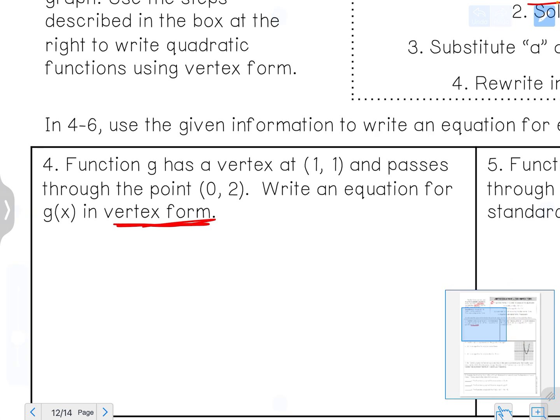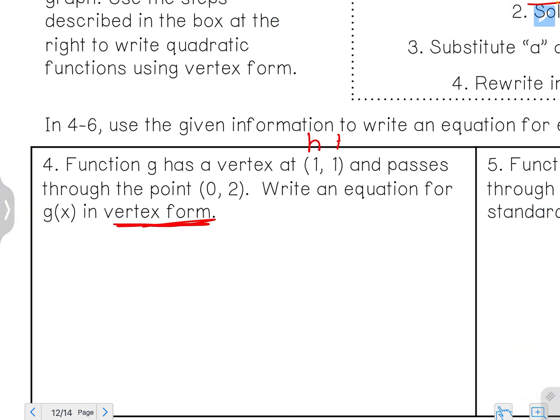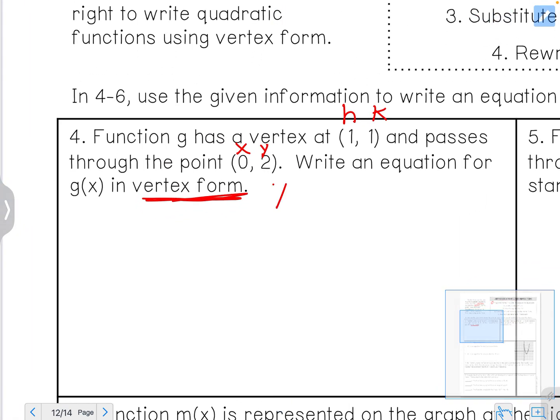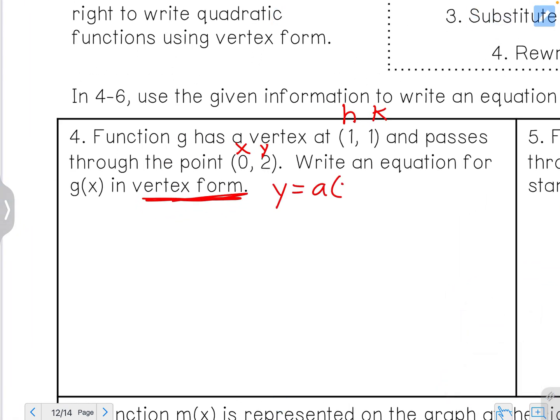So what that means is my vertex is going to be my h and my k, and then my point is going to be my x and my y. So I'm going to rewrite our vertex equation: y equals a parentheses x minus h squared plus k.